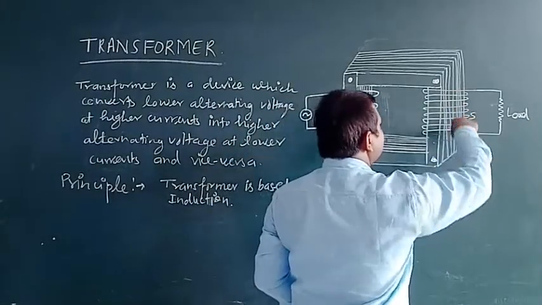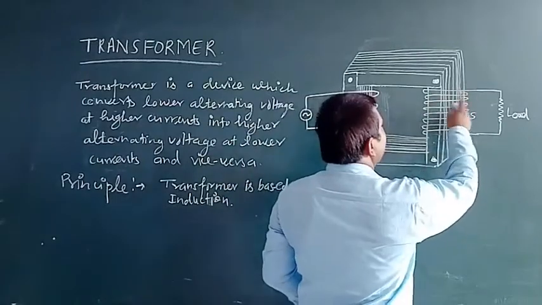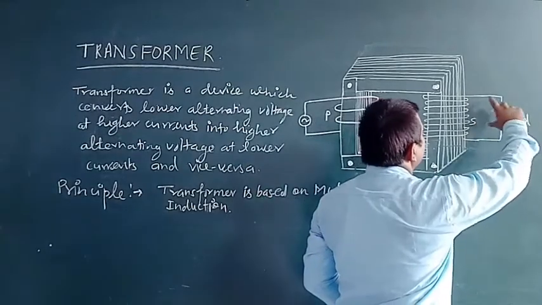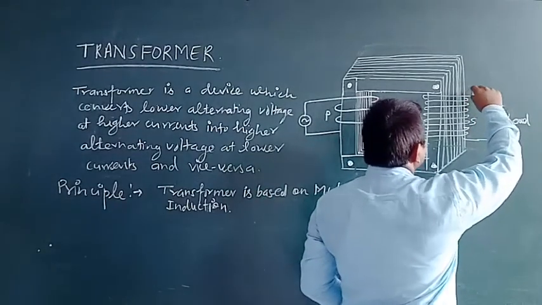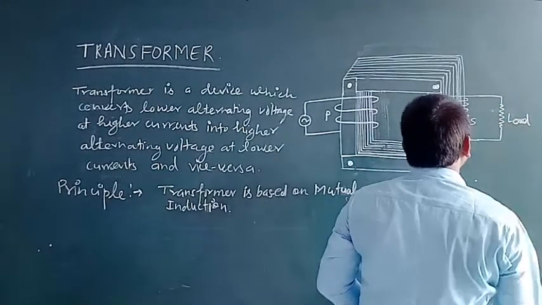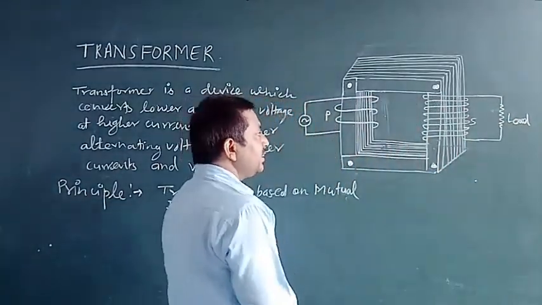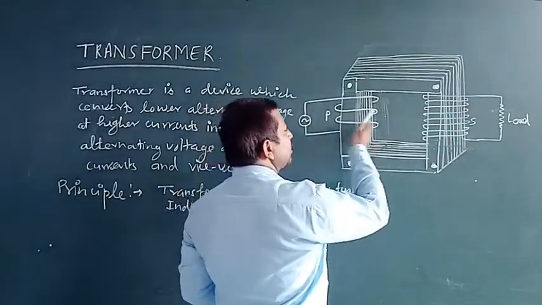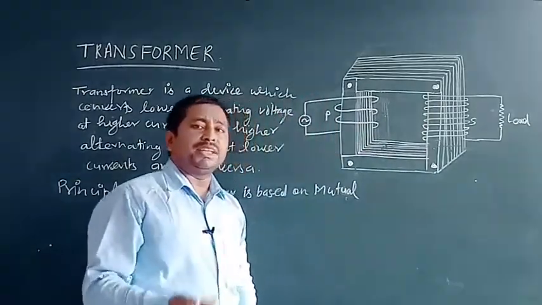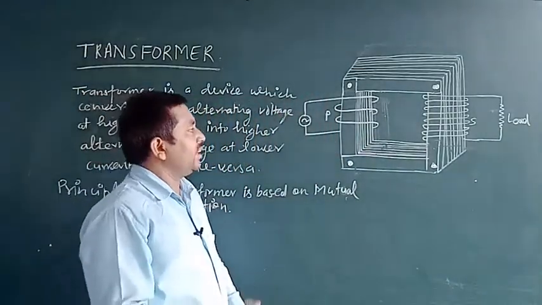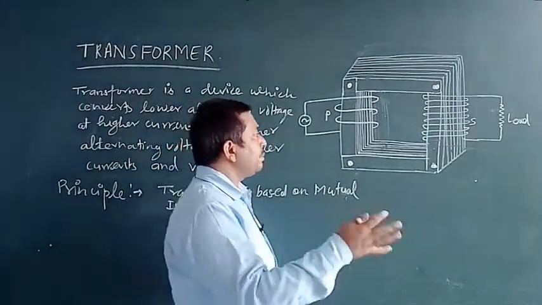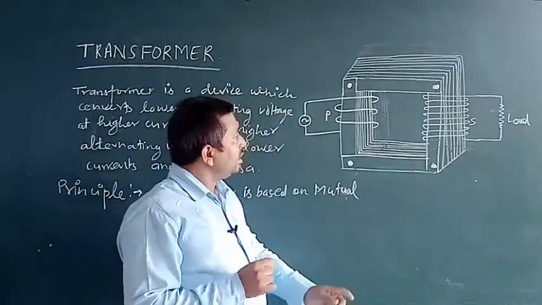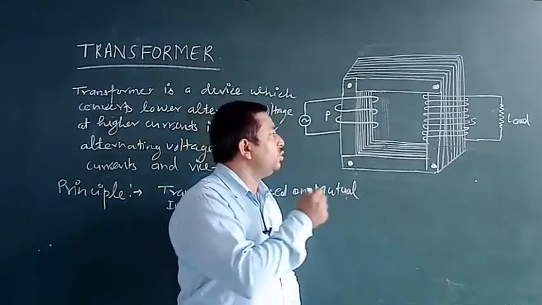There is a large number of turns in the secondary coil, and this is also wound on this iron core of the transformer, and the output terminal of the coil is connected to the load, that is a particular resistor, and here the number of turns is larger than the number of turns in the primary. So such type of transformer is known as step up transformer, because it increases the voltage from a lower value to a higher value, and also decreases the value of current from a higher value to the lower value.